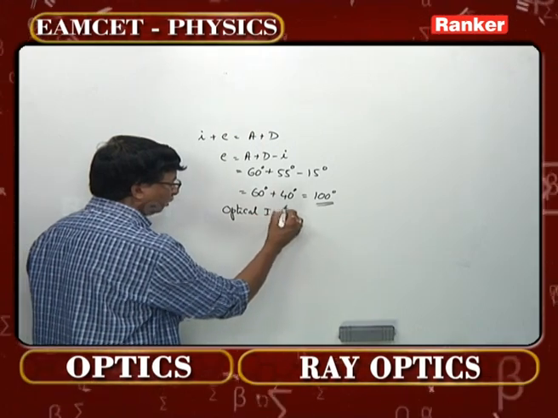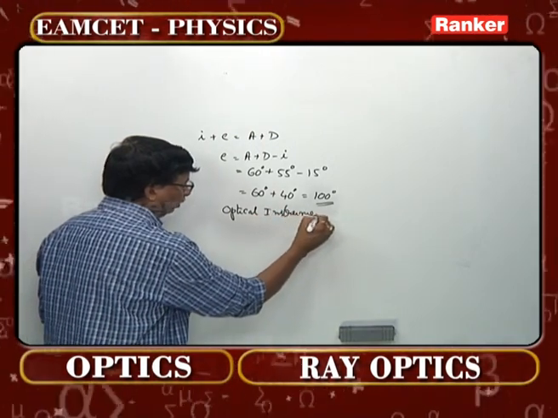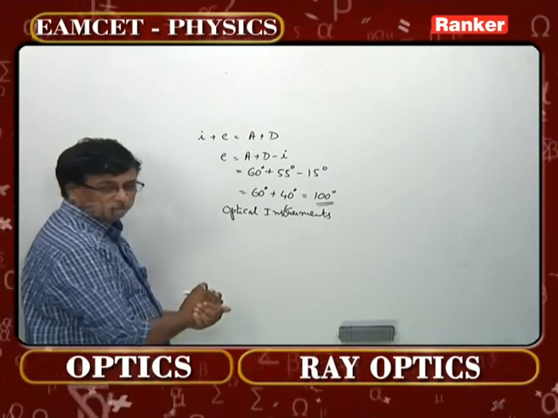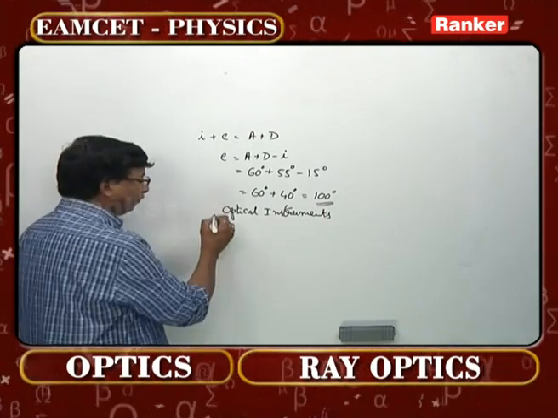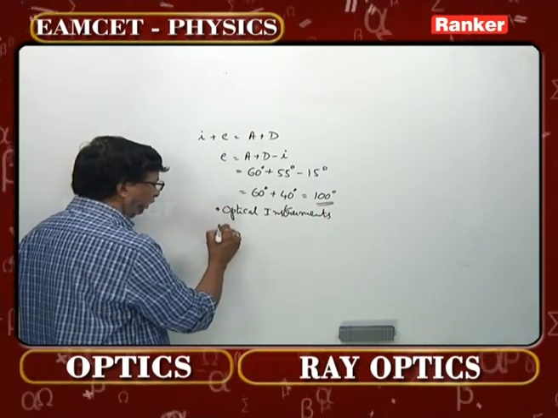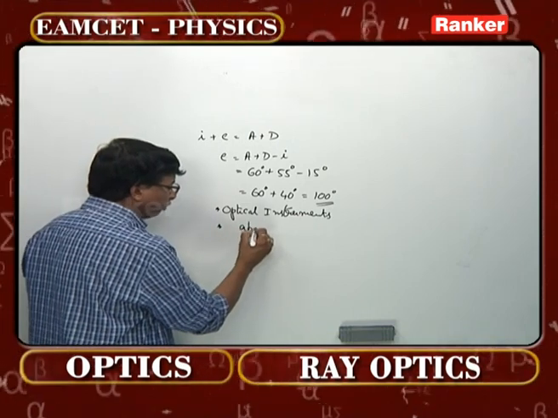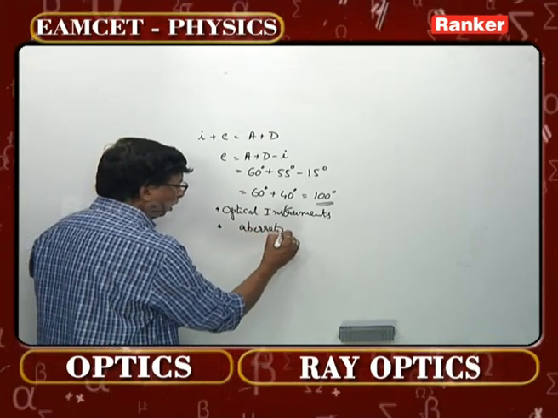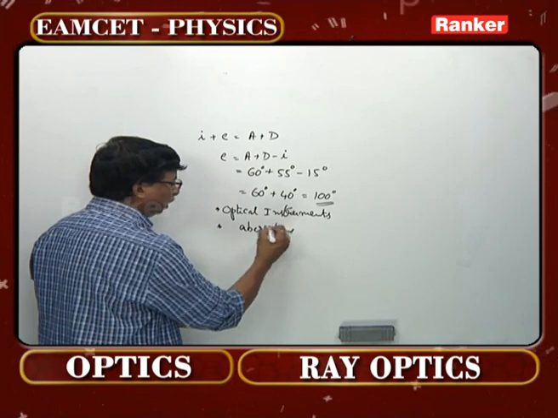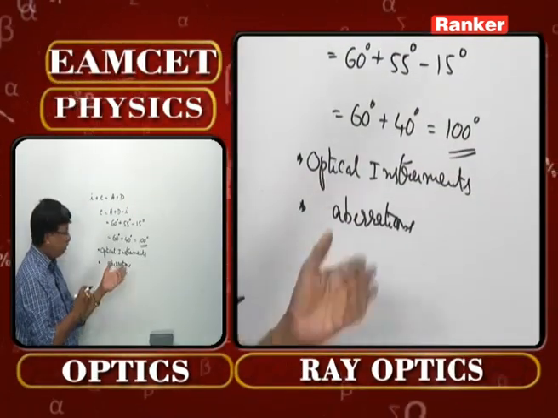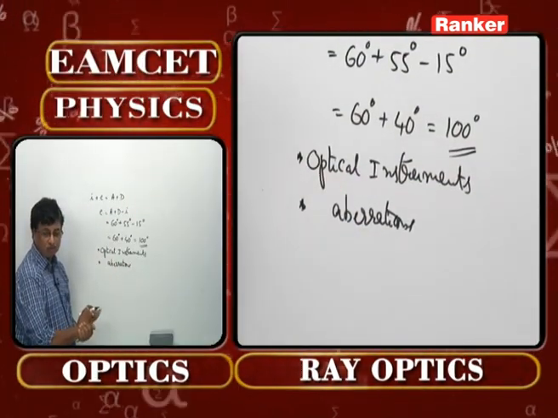That is one part which of course is to be taken very seriously for our Eamcet studies. And the second point is regarding aberrations. What exactly are chromatic and spherical aberrations, and how to minimize them, we also have to discuss.